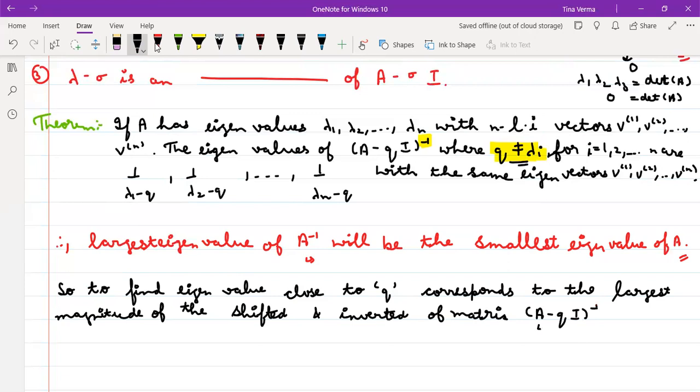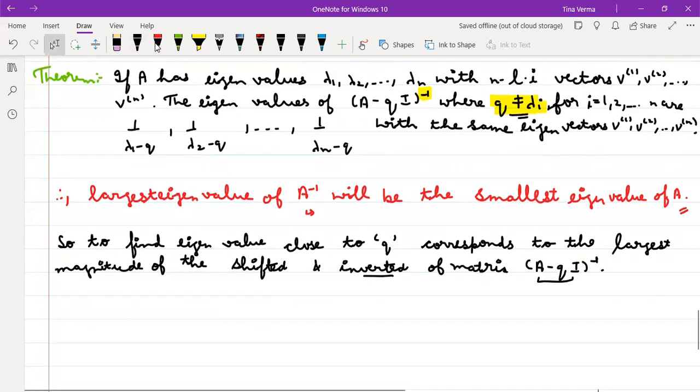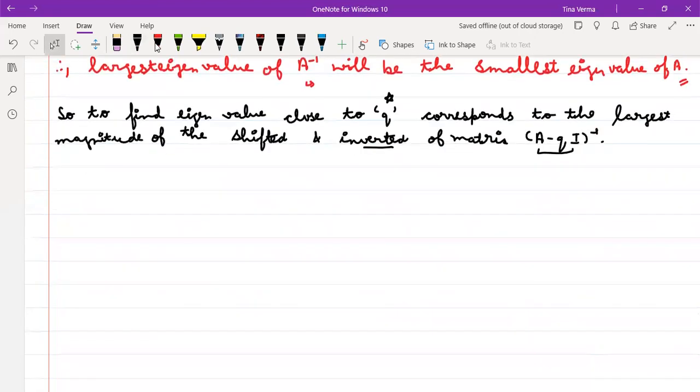That means आपने मैट्रिक्स को शिफ्ट कर दिया और उसका इनवर्स, दैट मीन्स द शिफ्टेड एंड इन्वर्टेड. अगर आपको आपकी आइगन वैल्यूज किसी नंबर Q के चाहिए, so you will find the largest eigen value of your A minus Q inverse.